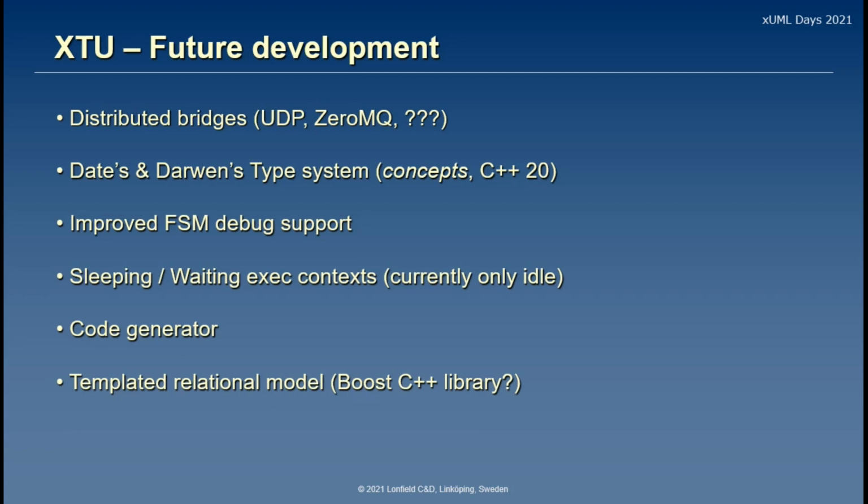The current default execution context only yields to the operating system when there is no more work to do. A more energy-conserving approach would be to put a context to sleep. A code generator would be nice. The current idea in this regard is to hook up with Leon Starr's work on Scrall. Finally, the ultimate goal is a relational model using C++ templates.